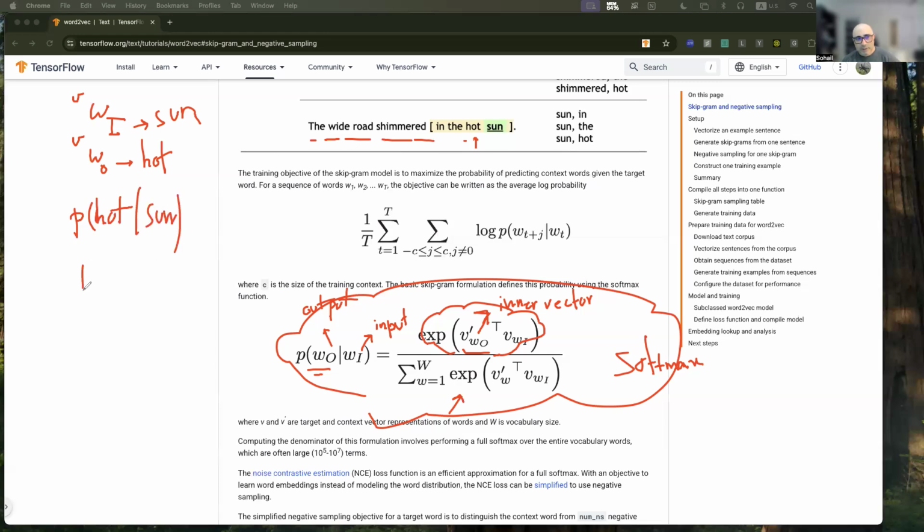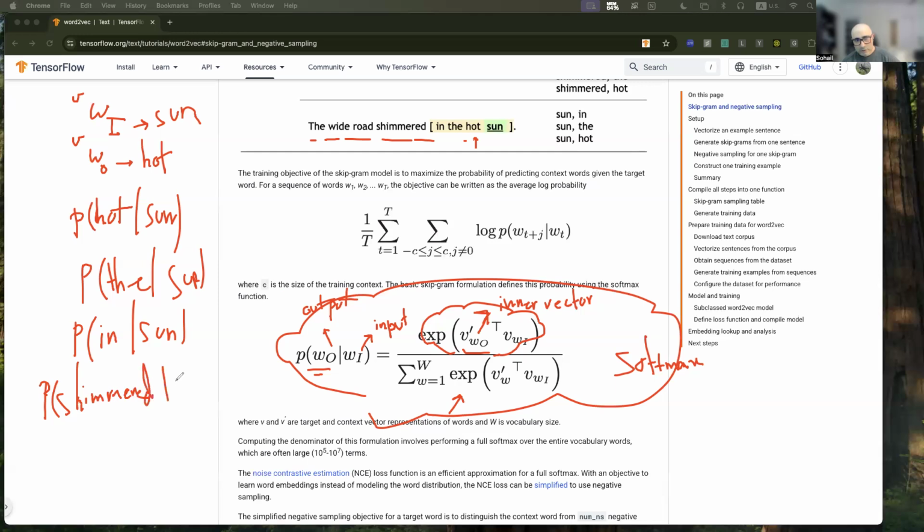It could be the next one, the given sun. It could be the probability of shimmer given sun, and so on. So imagine it could be based on the whole set of words that we have.